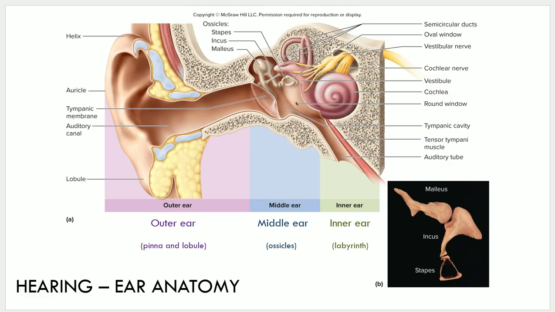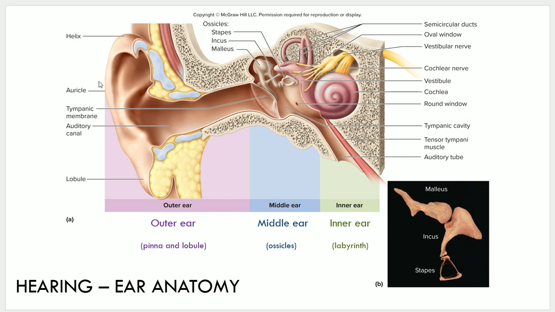Okay, hearing. The outer ear is the pinna and lobule, so the earlobe. Here we have cartilage in the pinna and then fat in the lobule. Be careful with piercings.